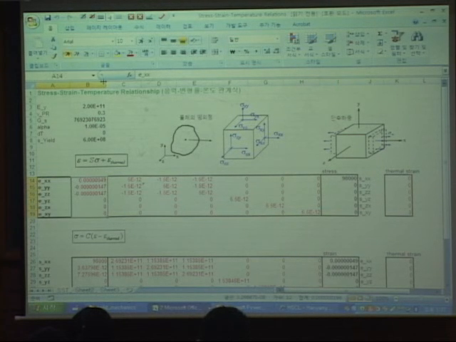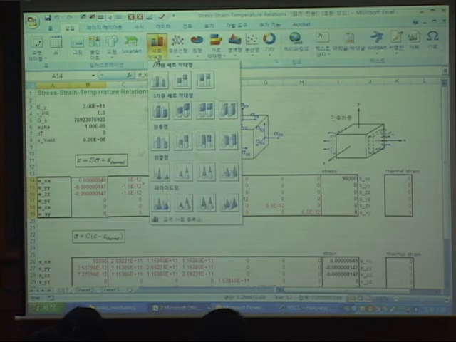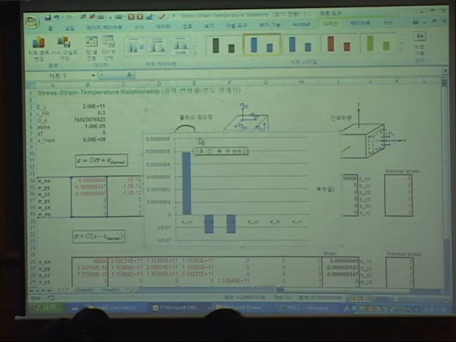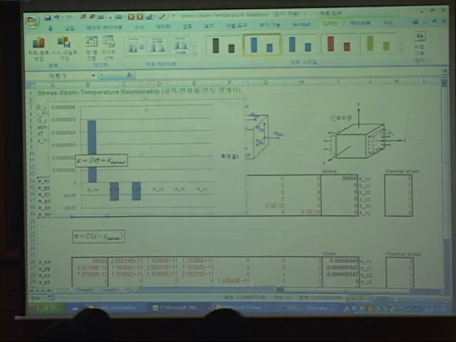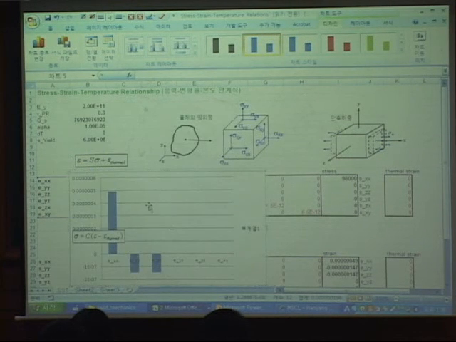Okay, let me put it in a little more graphical form. See, this is the epsilon x and epsilon y, epsilon z, and 3 shear strains.